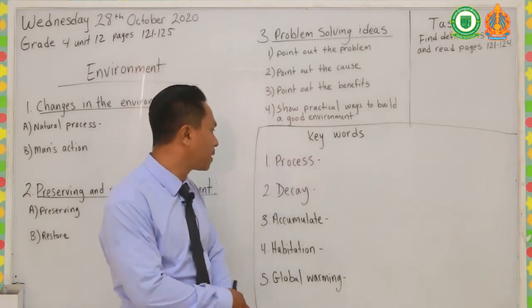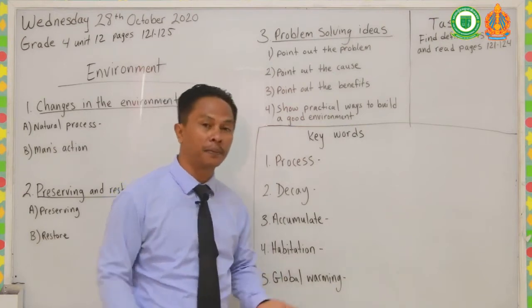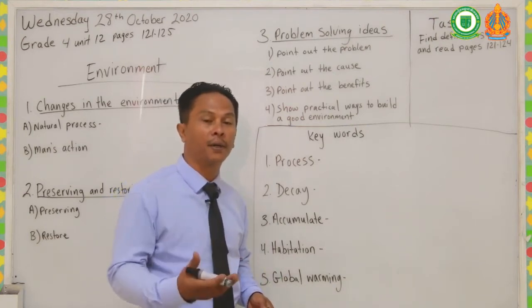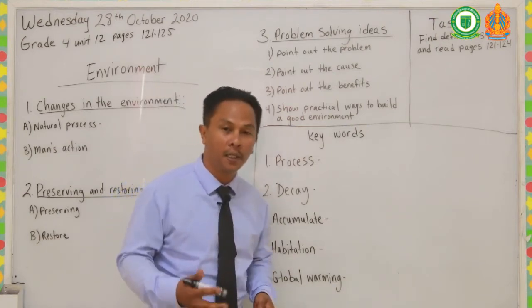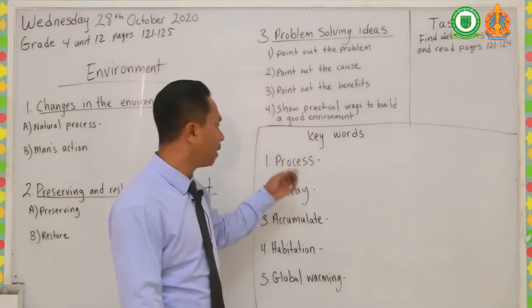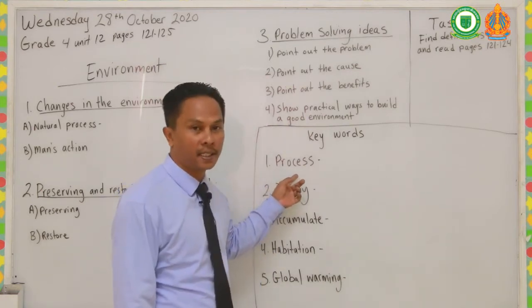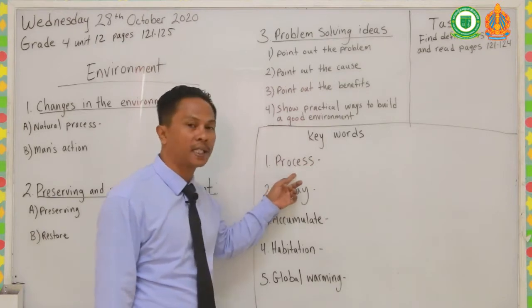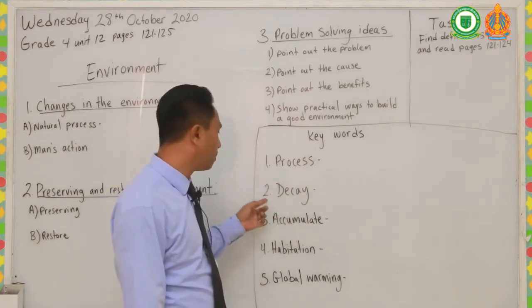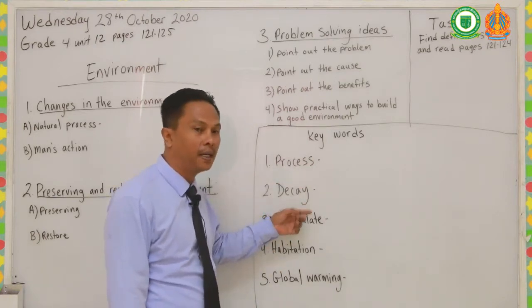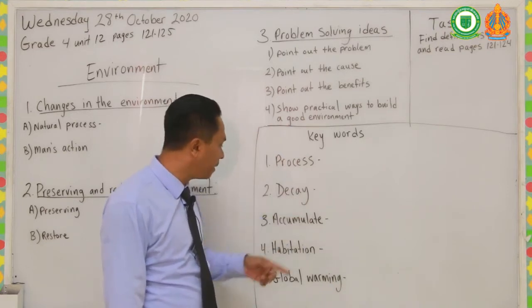So your key words for today. I want you to look up the definition, and as always, I want you to try to put the definition into your own words, okay? Number one, process. Number two, decay.